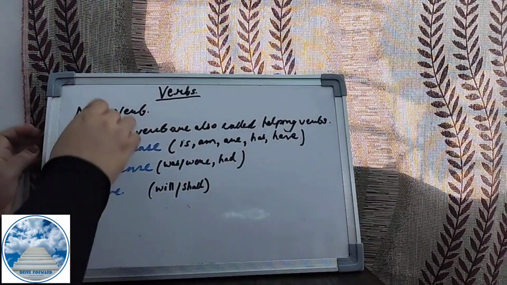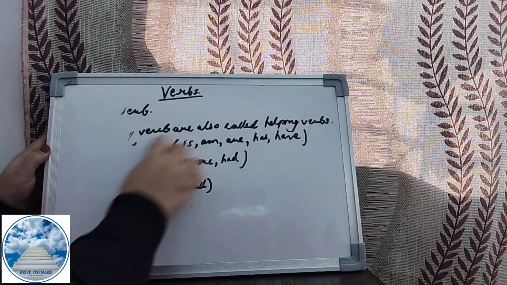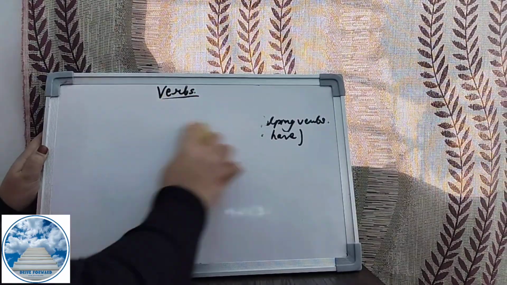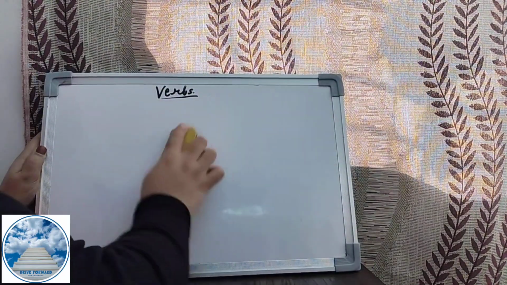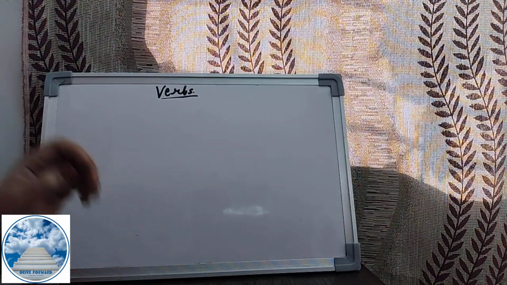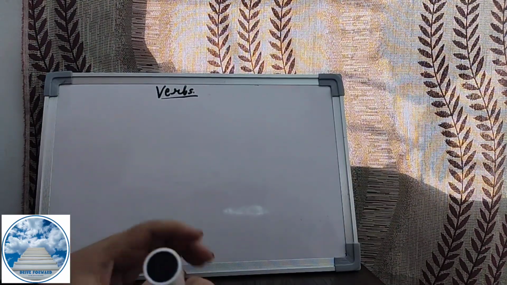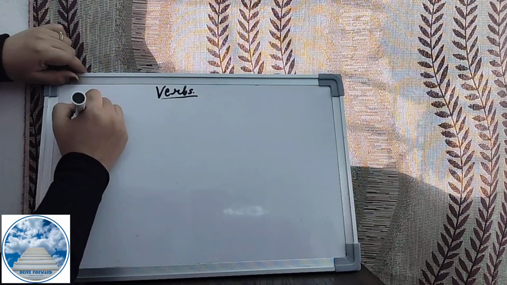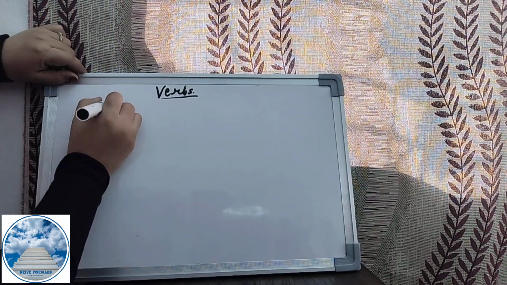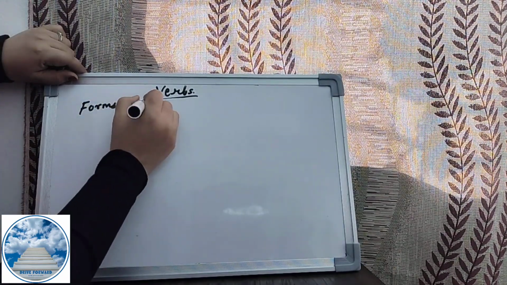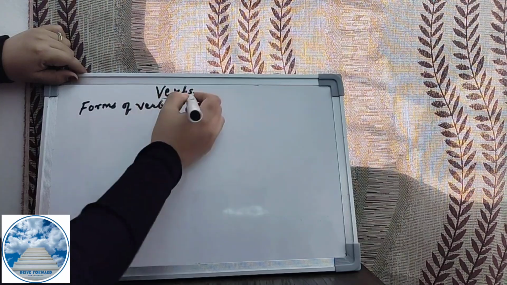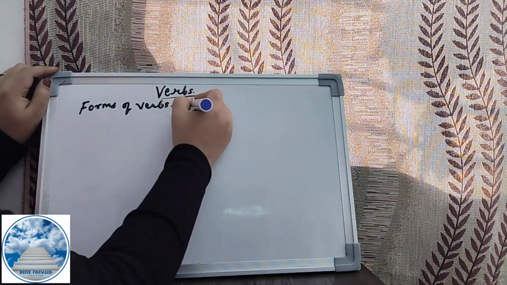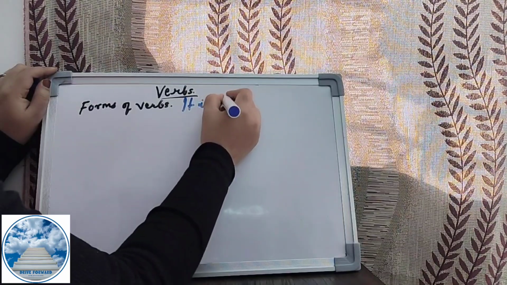Now I will quickly move to the forms of verbs, right? And how the forms of verbs play a significant role while constructing sentences or speaking. The forms of verbs are divided into three kinds.